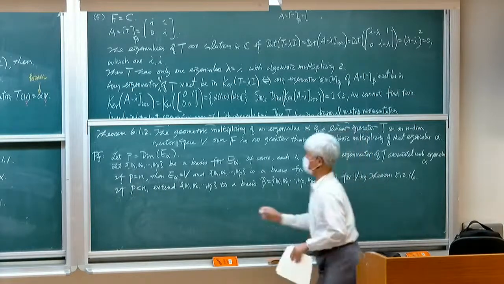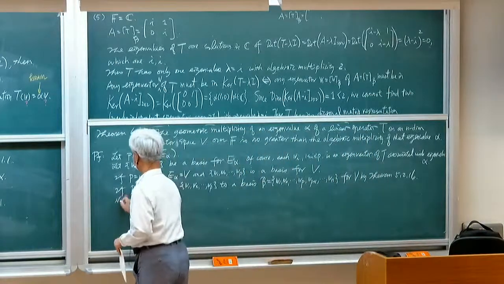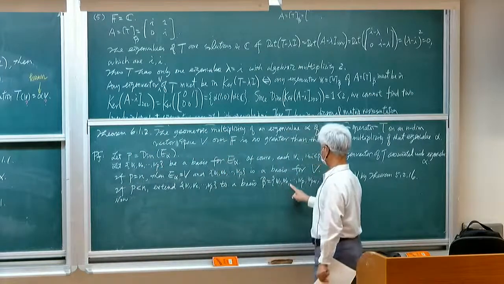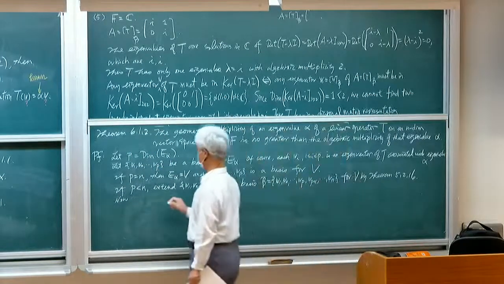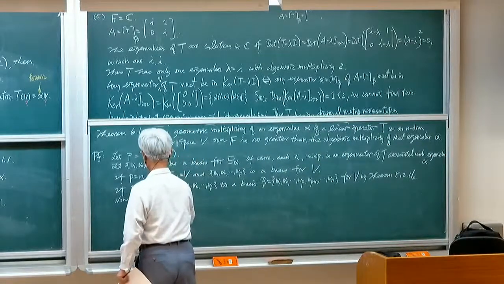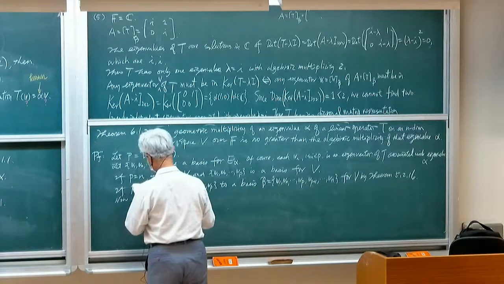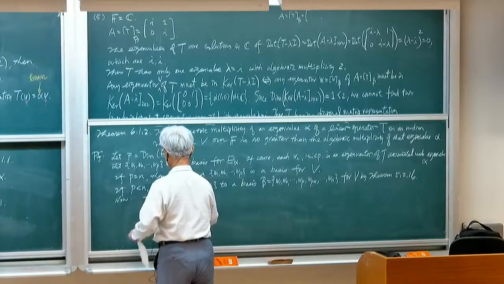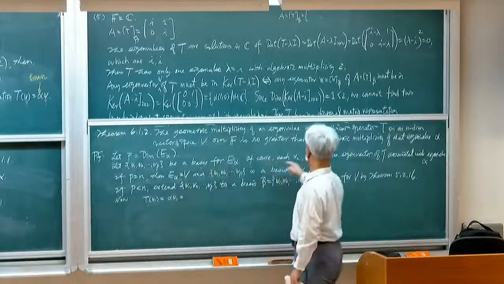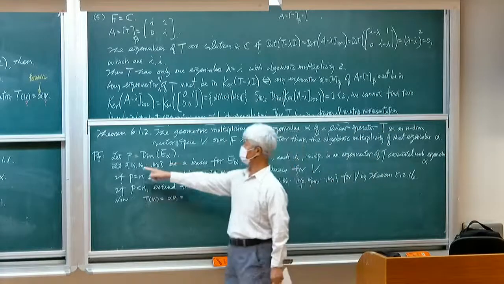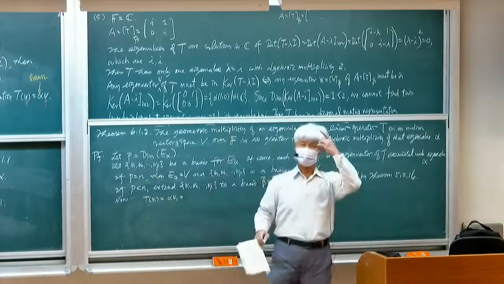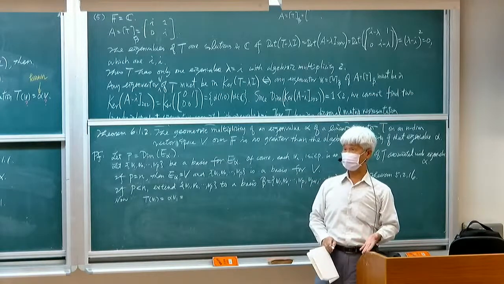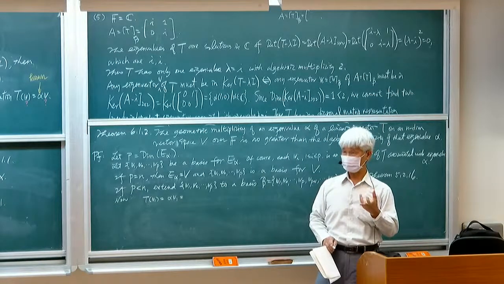Now we look at the image of vectors in the basis B. So now TV1, what is TV1? TV1 is alpha V1, because Vi for i from 1 to P are eigenvectors of T associated with eigenvalue alpha.